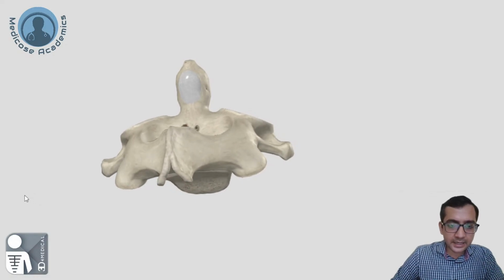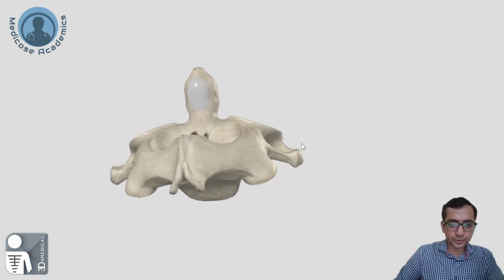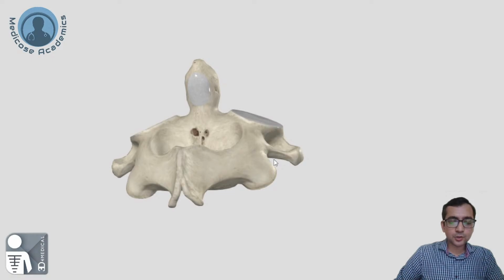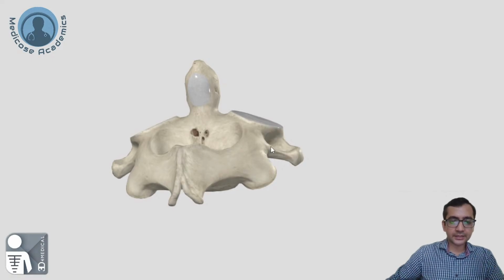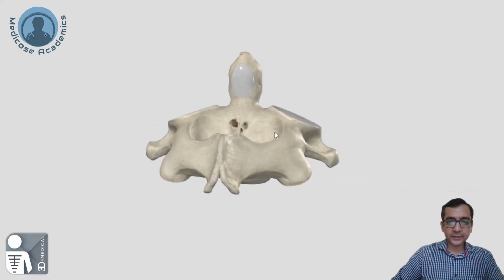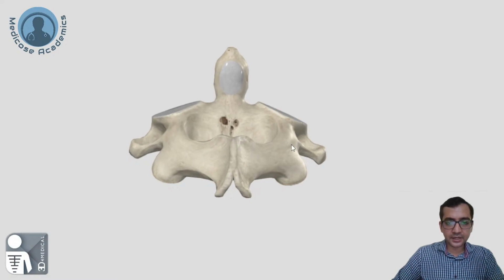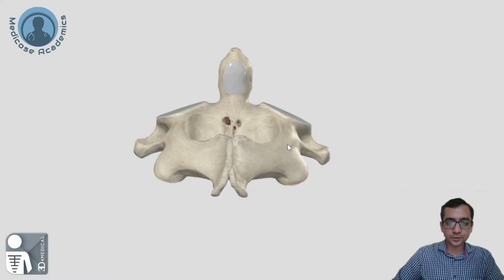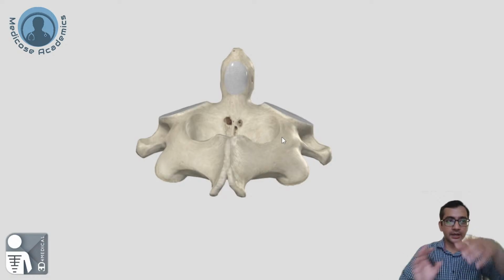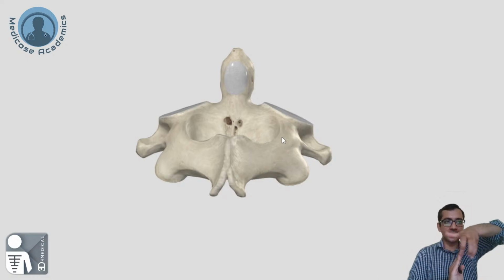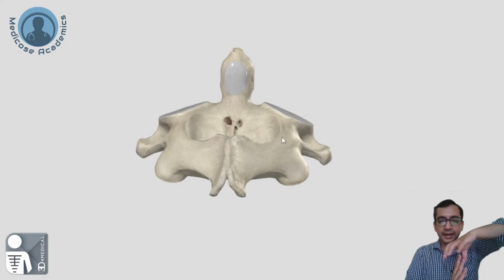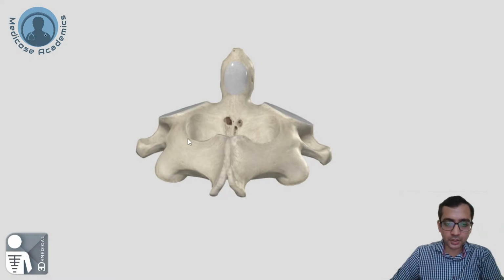And here is another articular facet on the posterior aspect. It is joining the transverse ligament that holds them together. Both of these are synovial joints, and the dens stays here, and the atlas moves on the top of it as a pivot joint.